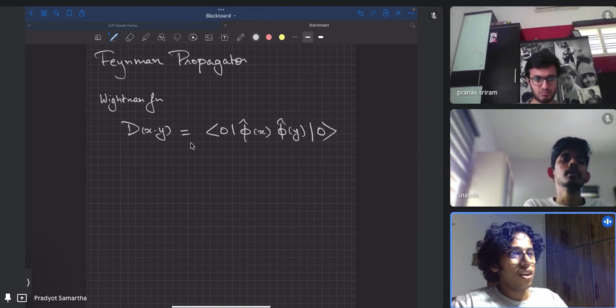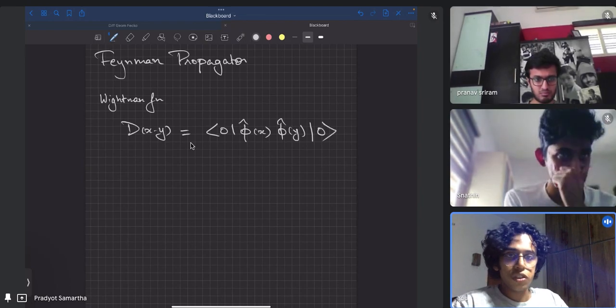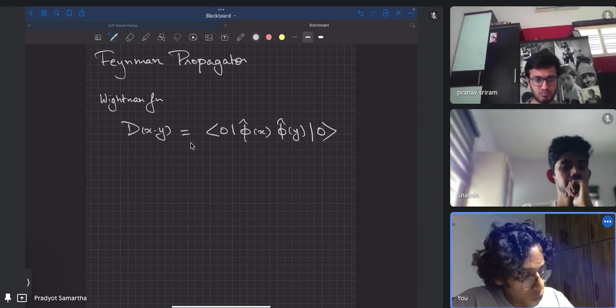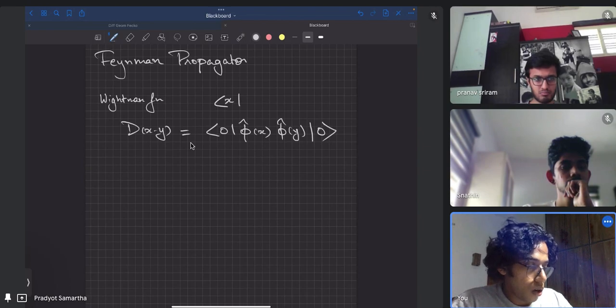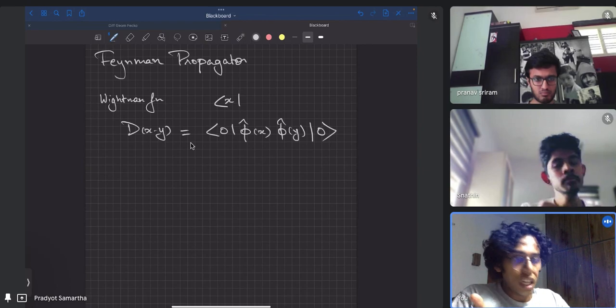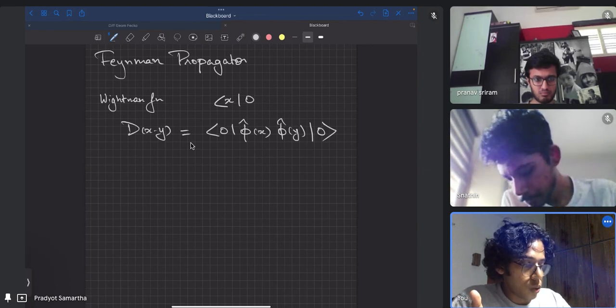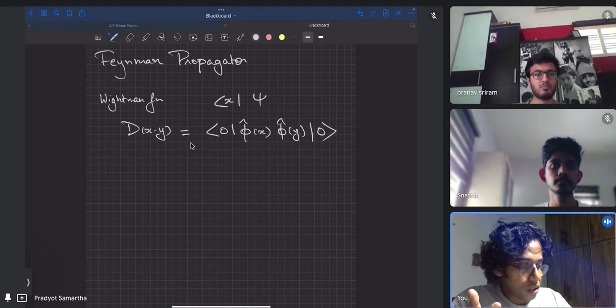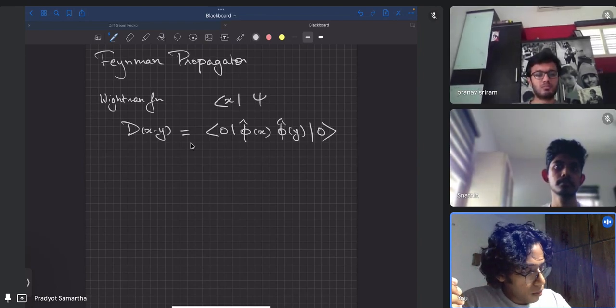so this is essentially from the position space when you convert things to the momentum space. So in the position space, you have a field that is propagating from x to y under some random operators psi. Okay.